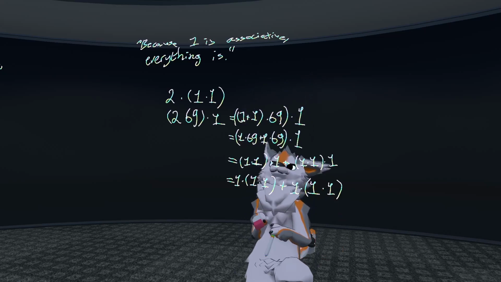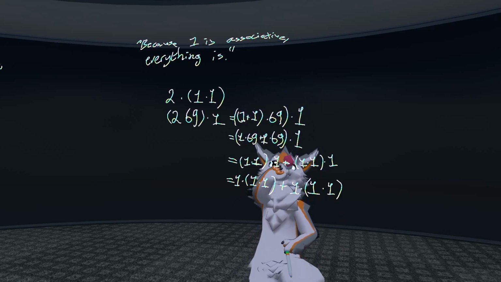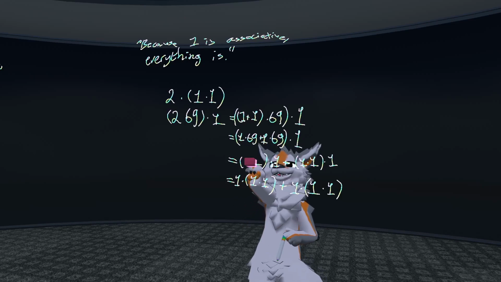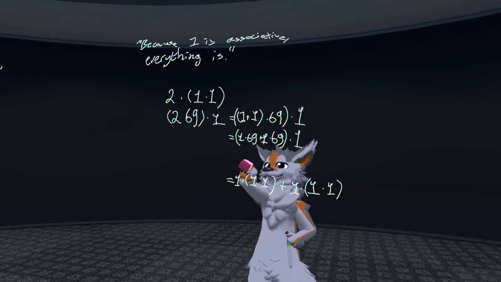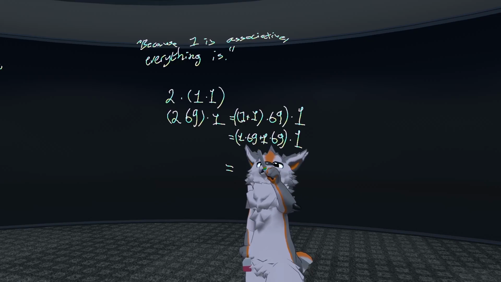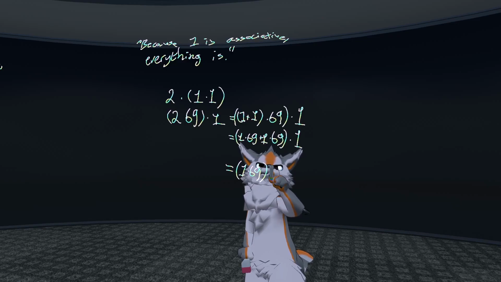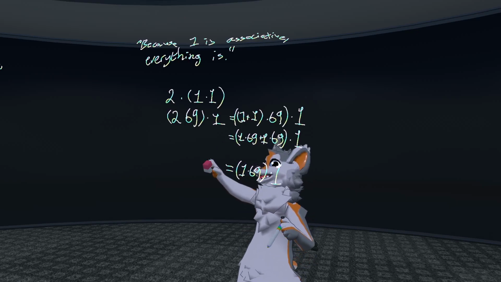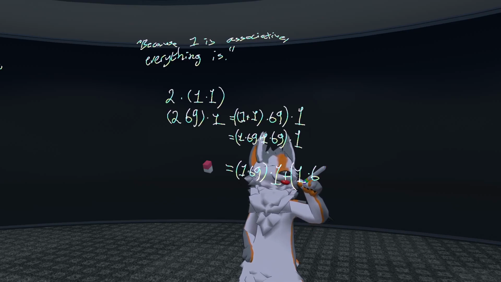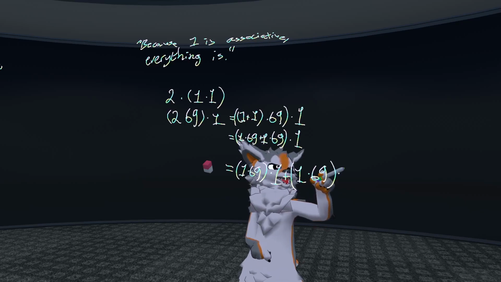We're going to get 1 times 69 times 1. So we have a sum here. Let's modify both of these by 1 from the right. And then we're going to have 1 times 69, 1 times 69 modified by the 1.